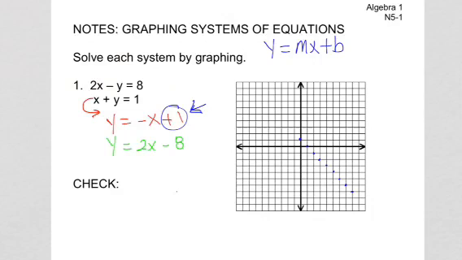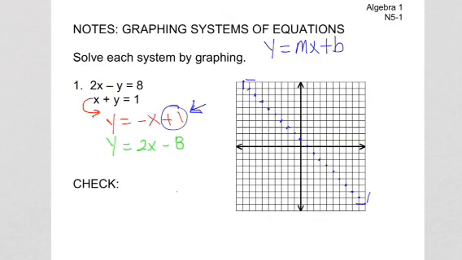You would normally make the lines when you do your assignment, so that you can clearly see that it is a line that continues, but it has one point in common. So I'm going to put arrows at either end so that you know that continues. The reason I left it as points or dots on that graph is just so that you could see the common point where these two will meet.